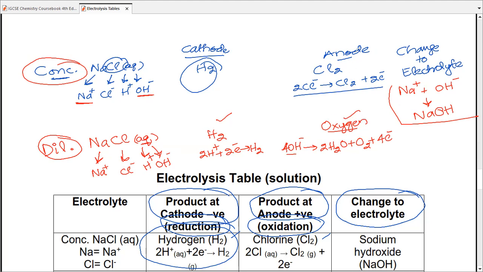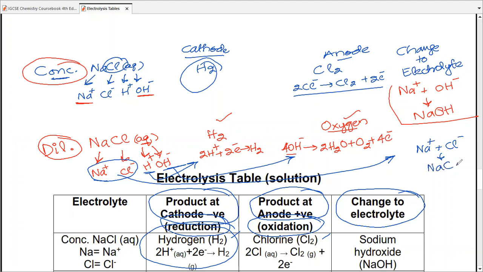All right. Okay, I'm going to change the colors again. So this time, H positive ions went to the cathode, OH negative ions went to the anode. What are we left with? We are left with these two ions, which are going to form the change to electrolyte. But look, Na positive and Cl negative, when they react with one another, they start forming NaCl, which is the salt itself.